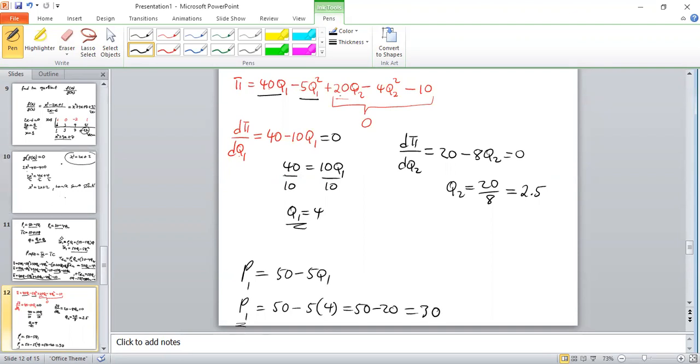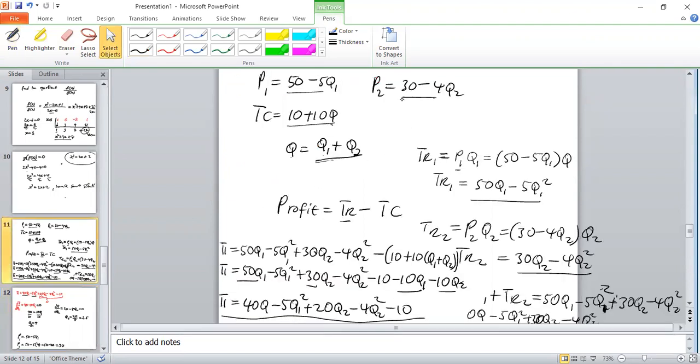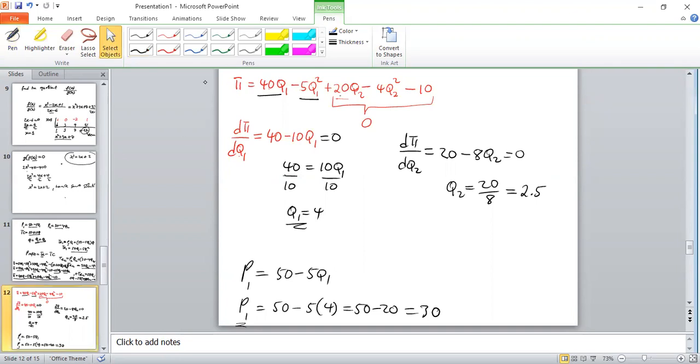Then we come to the other one to find the value of P2, which is 30 minus 4Q2. We substitute our Q2 as 2.5.